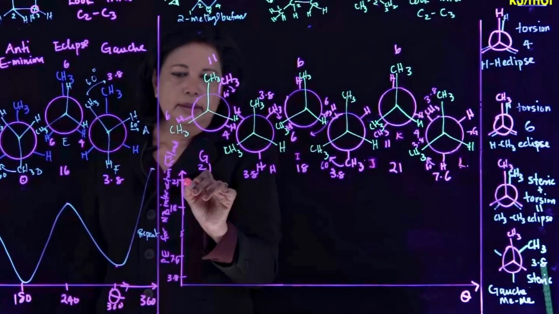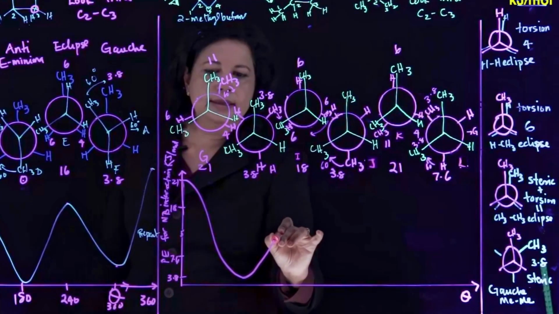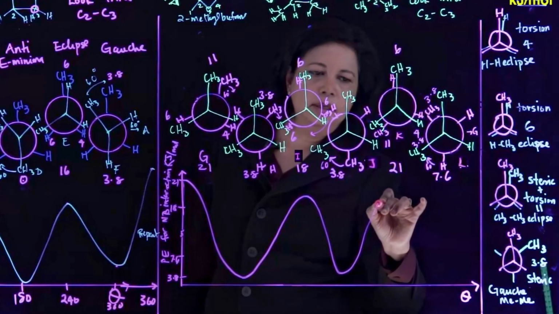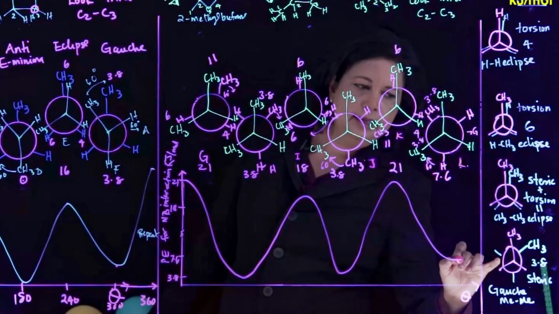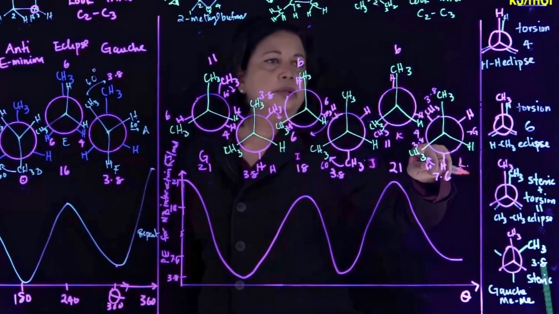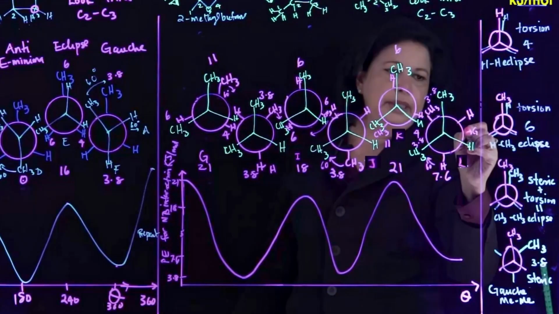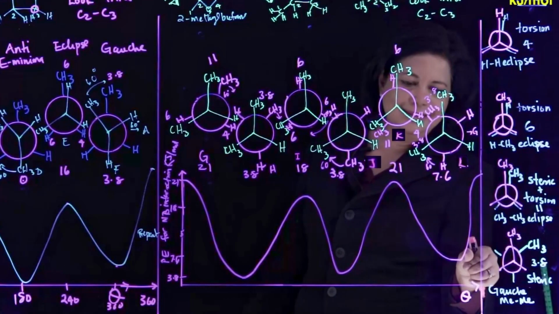So 21 going to 3.8. And then going to 18, and then going to 3.8 again, going to 21, and then 7.6, and go back again when it goes all the way back here to G. That's going to be G. So you're going to go back to 21, start all over again.